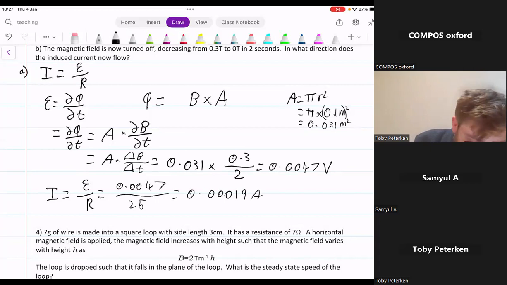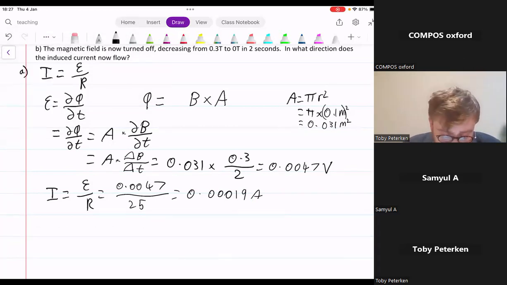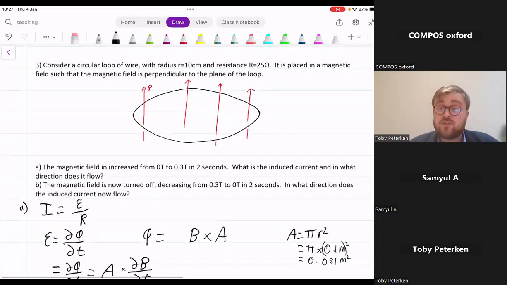And now let's think about which direction does this go in. So the magnetic field is pointing up and it's increasing. So we want to create a magnetic field that points down to cancel it out.